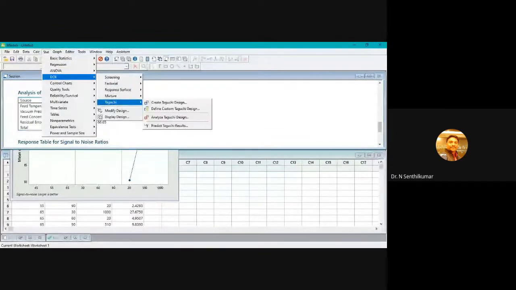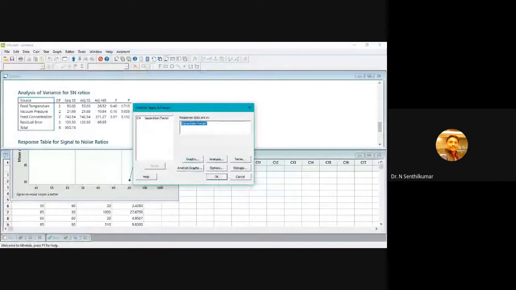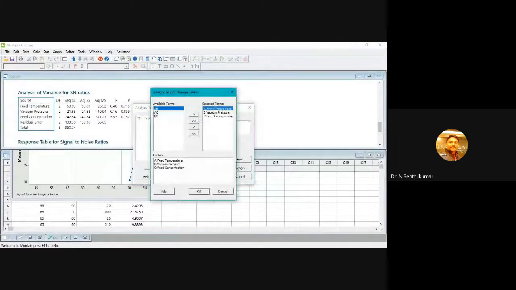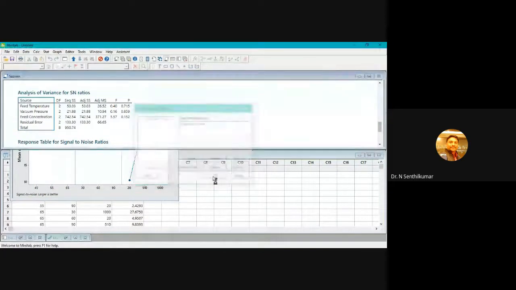DOE, Taguchi, analyze. In these terms, I am going to choose all these 3. Okay, all these 3, these interaction effects I have selected. Now click OK, then OK.